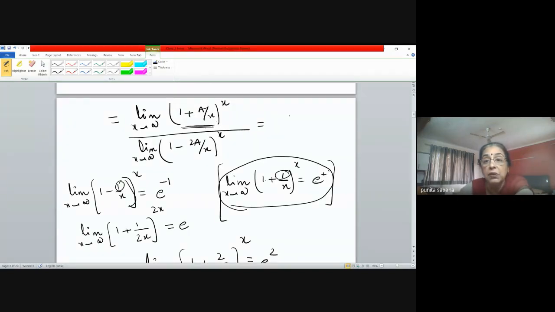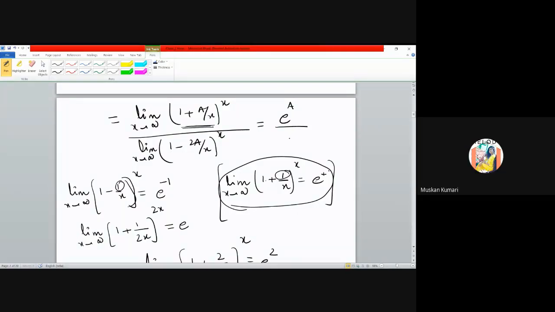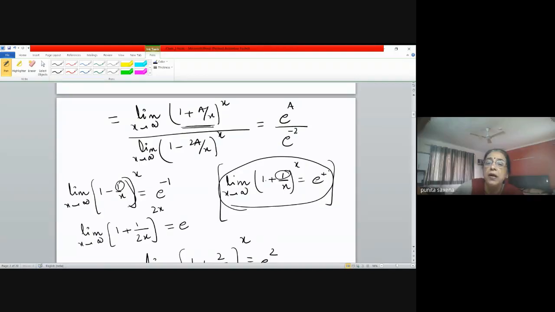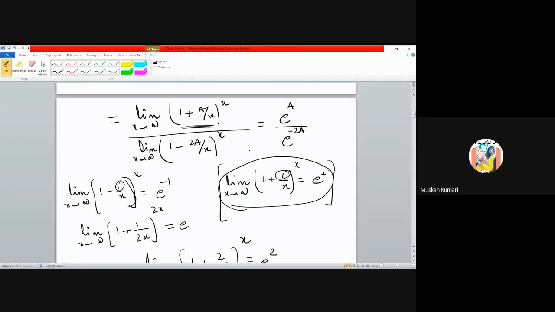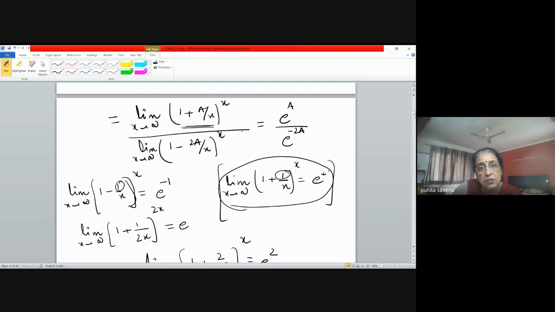This limit will be nothing but e to the power a. And what will be this limit, the denominator? e to the power minus 2a. Okay. So that means our left hand side is actually nothing but e to the power 3a.